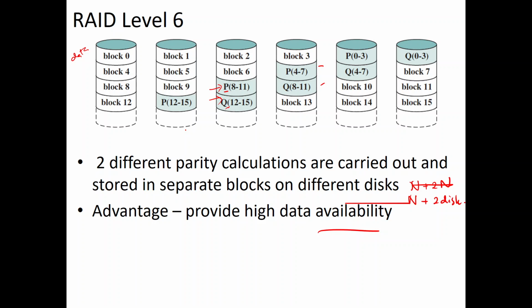So P dan Q tu nanti. So itu adalah antara dia punya disadvantage kalau menggunakan RAID level 6, which is more complex for a controller design. Okay, disebabkan calculation tu tadi kan. So, RAID level 6 ni perfect solution for mission critical application. Okay.